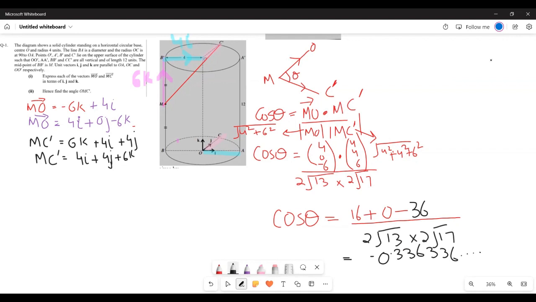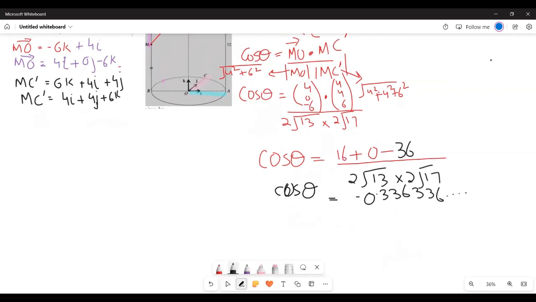It's a long number, so I'm going to use the answer key. If I take cos inverse of this, I get 1.91 in radians. And if you were in degrees, your answer would be 109.7.